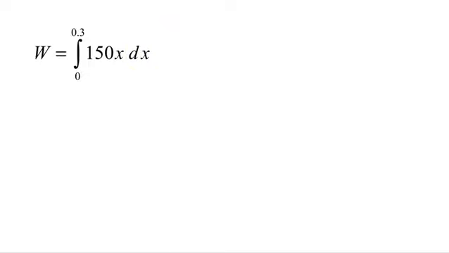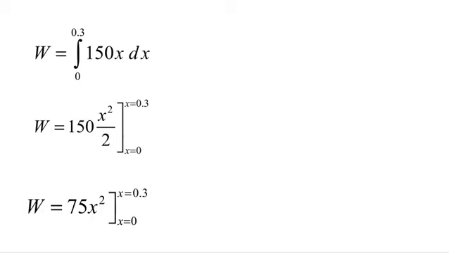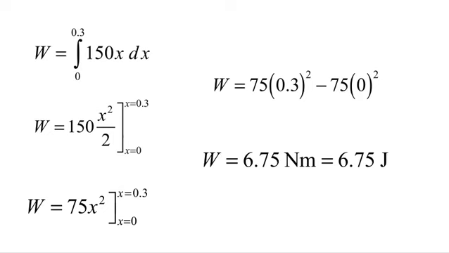So while evaluating this integral, of course, 150x, antiderivative 150x squared over 2, as x goes from 0 to 0.3. 150 over 2, again, is 75. So we have work is 75x squared, as x ranges from 0 to 0.3. Plugging in those values, 75 times 0.3 squared minus 75 times 0 squared will give us an answer of 6.75 Newton meters, or 6.75 joules.